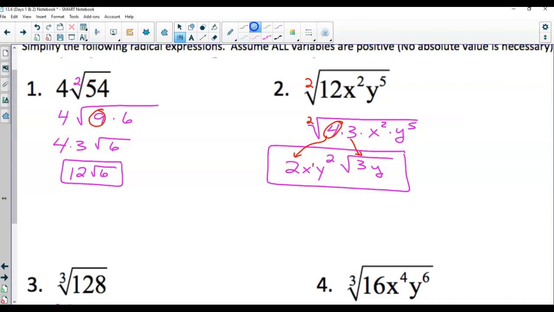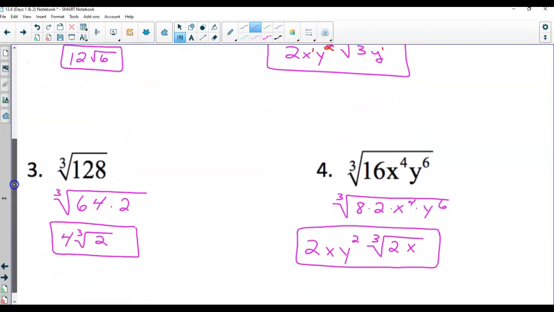It goes in 1 time evenly and there's none left over. That's why there's nothing underneath that root. How many times does 2 go into 5 evenly? It goes in twice. That's why that's a y squared on the outside. And there's a y to the first left underneath. So 2xy squared times the square root of 3y is my simplified answer.